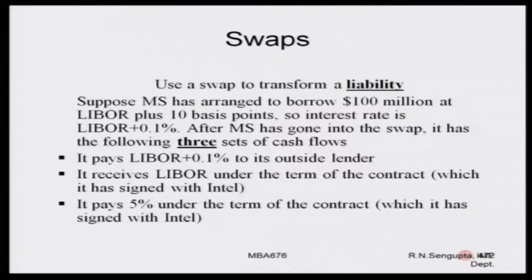After Microsoft has gone into a swap, it has the following three sets of transactions. What are the transactions we will consider? The first one is that it pays LIBOR plus 0.1% to an outside lender. Now, as I discussed initially, this is Intel and this is Microsoft.